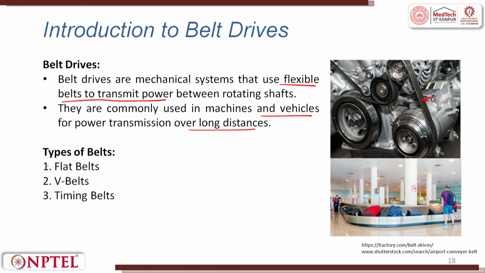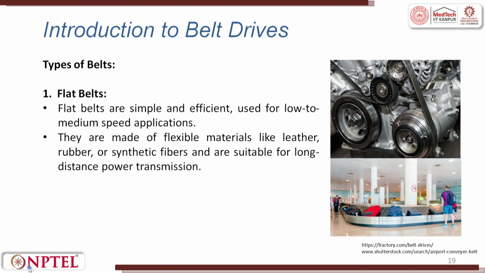Types of belts could be flat belts, V belts or timing belts. Flat belts are simple and efficient. These are used for low to medium speed applications. They are made of flexible materials like leather, rubber, synthetic fiber and are suitable for long distance power transmission.